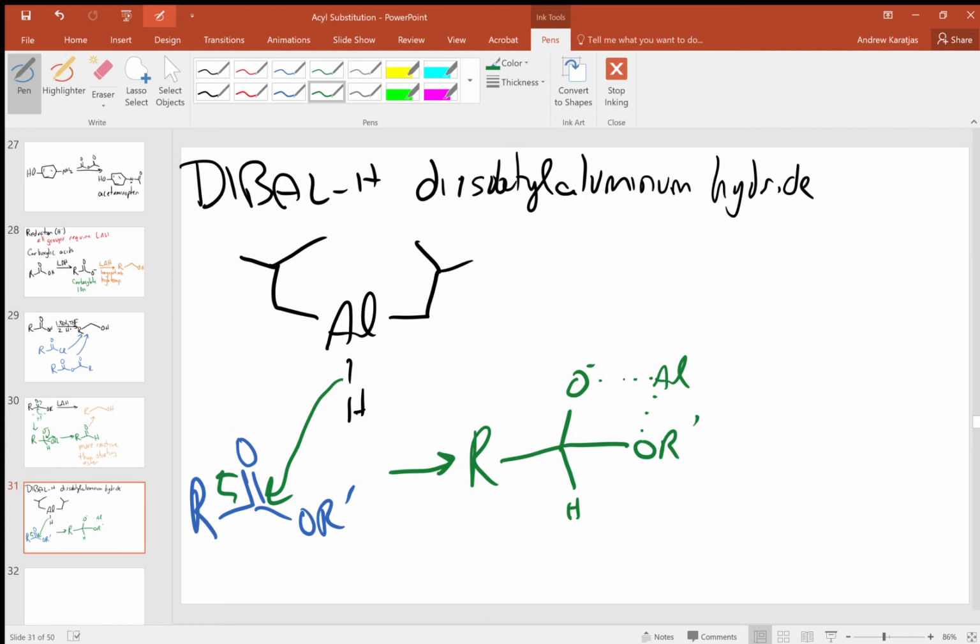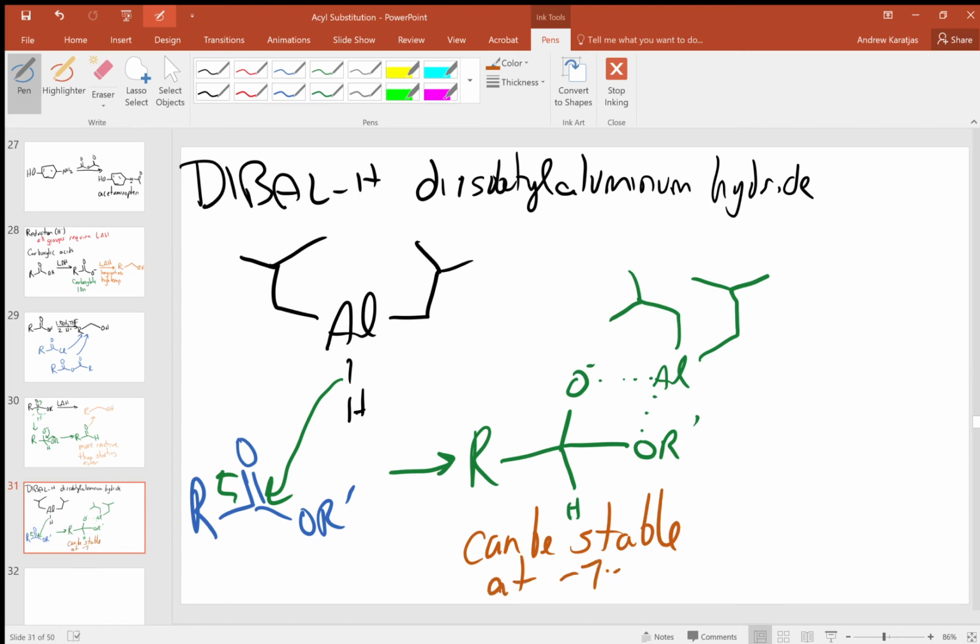And oxygen will coordinate to aluminum. And with these two isobutyl groups on aluminum, it turns out that these types of intermediates can be stable if you keep the temperature cold enough, typically about minus 78 Celsius, which we achieve by using a dry ice bath.